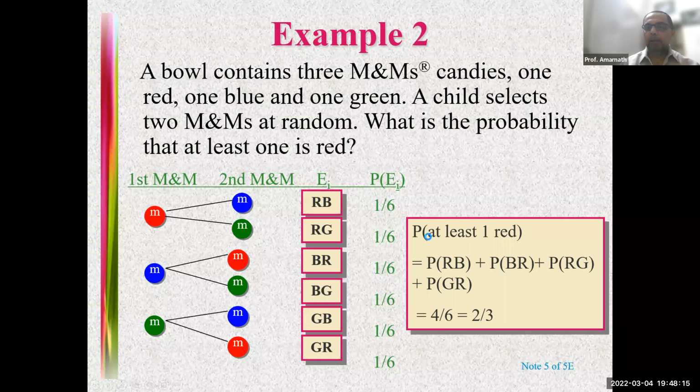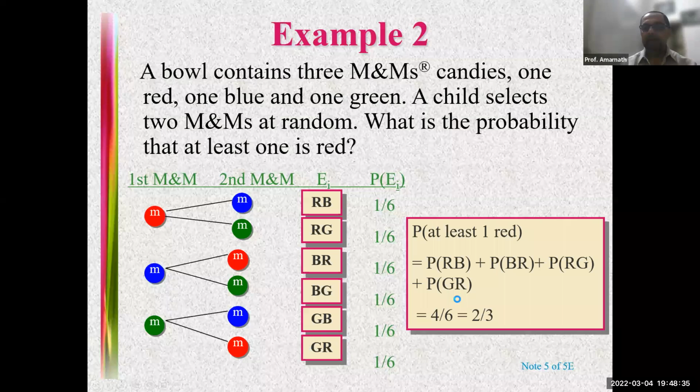Probability of at least one red. What are the scenarios which I have to pick up? That will be the first one, the second one, the third one, and the fourth one.